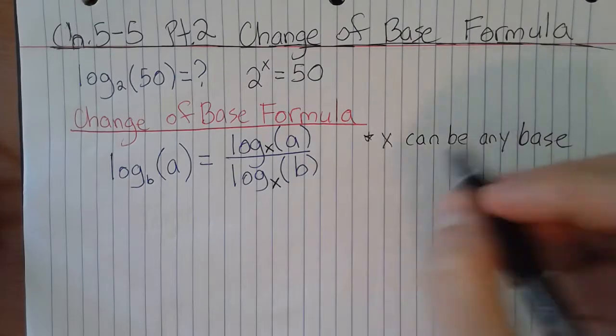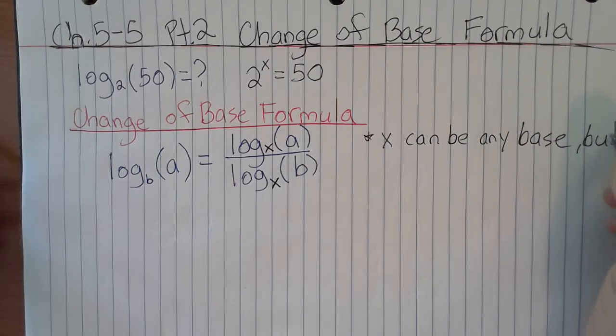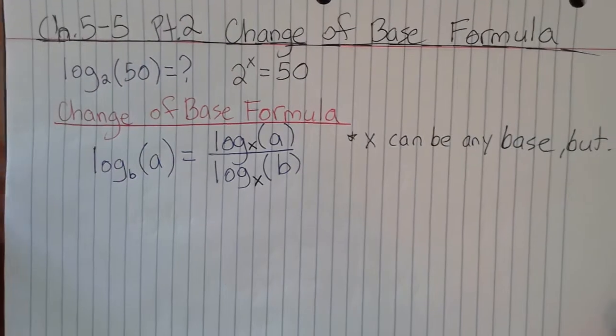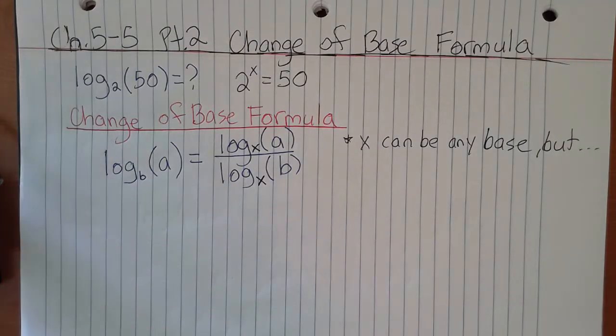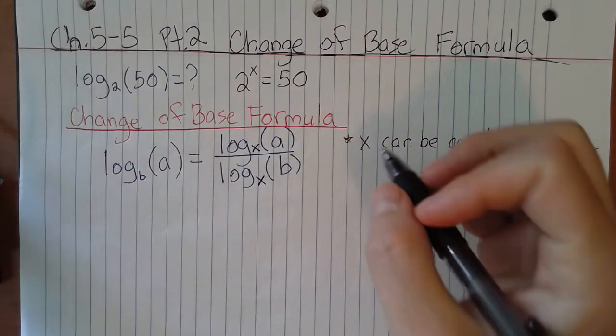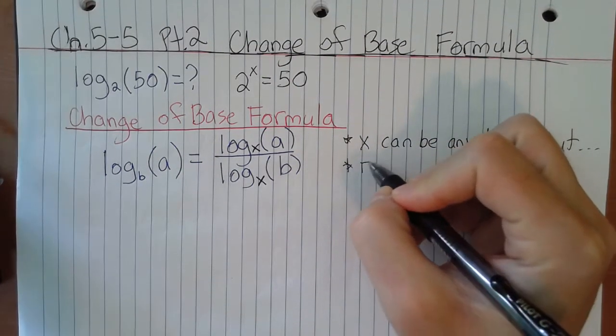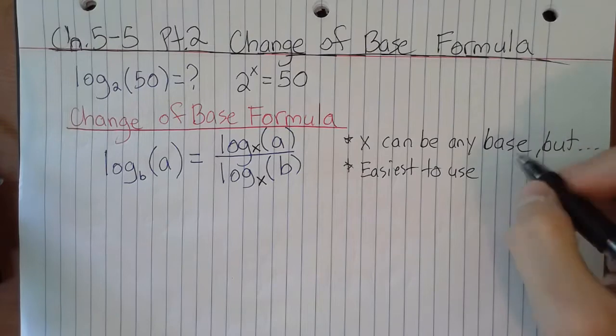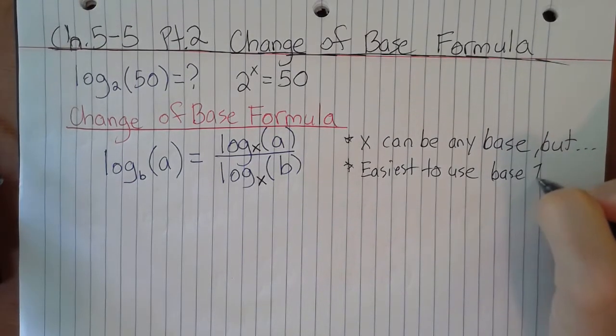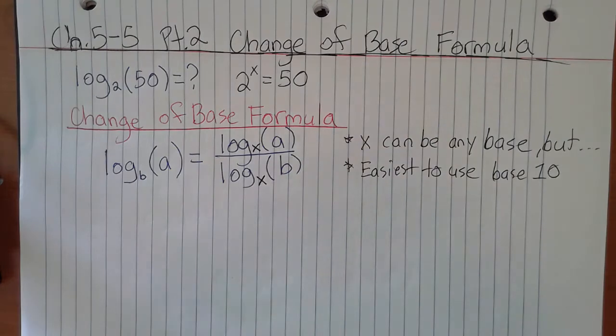But the easiest thing to do for this process is to use a base of 10, because that is what the calculator already has programmed. There's also another option with using a base of e, but we will cover that in a different video. So, easiest to use base 10, because that's already programmed into the log button on our calculators.